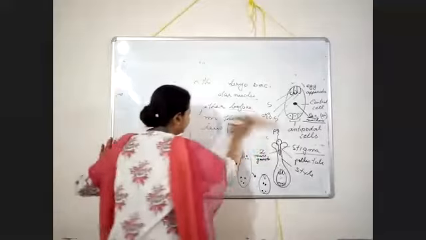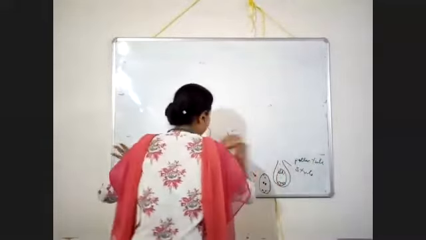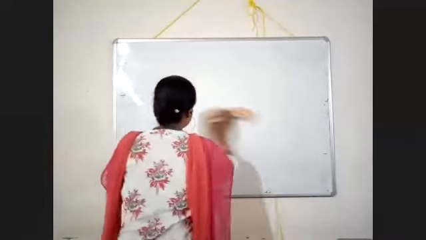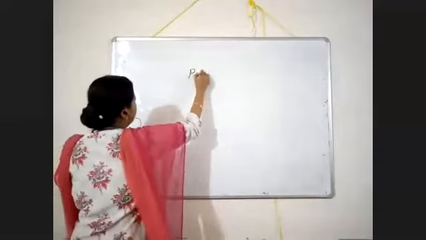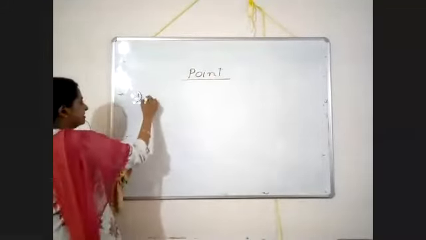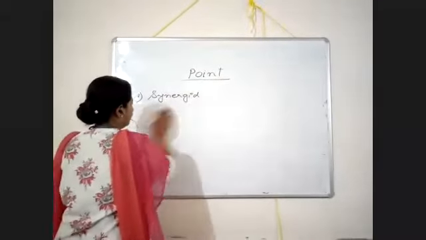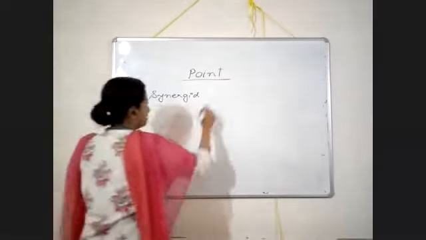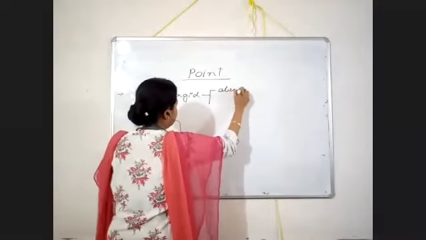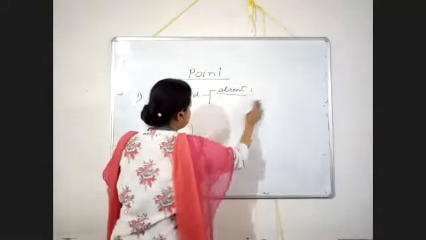I think it's understood, right? Next, after discussing this portion, we need to know certain points from the examination point of view. First, points regarding synergy. Sometimes, in some cases, the synergy remains absent.